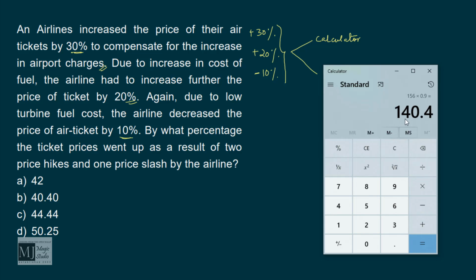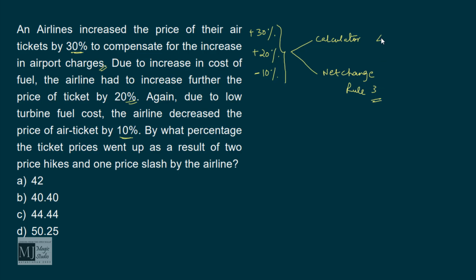What we'll get is 140.4. Subtract the initial price 100 which we have taken. What we have is 40.4. Yes, 40.4 is the net increase in the price. That's it, with the help of a calculator without pen and paper.